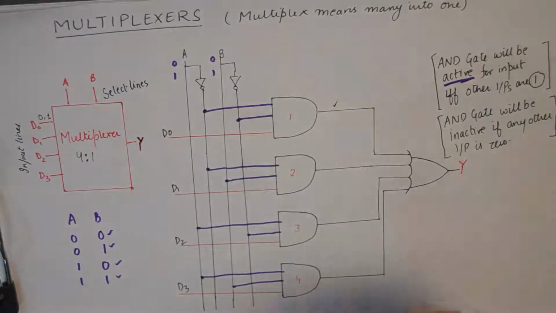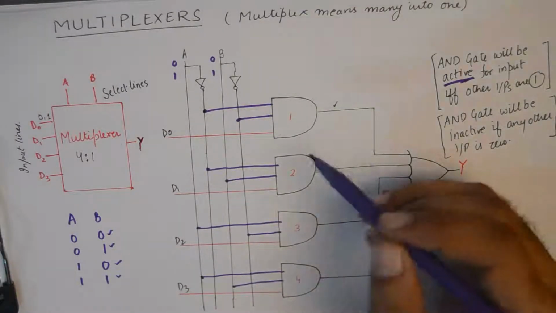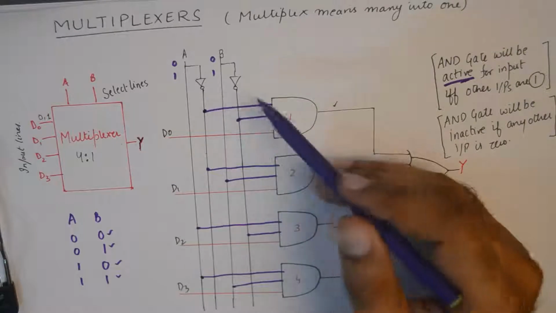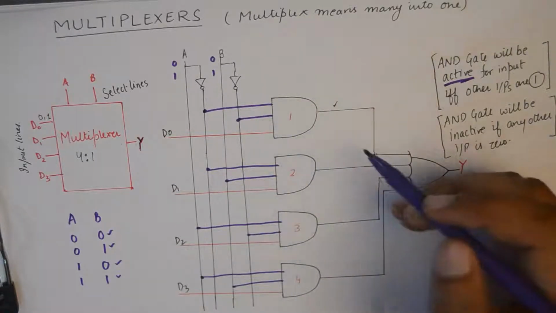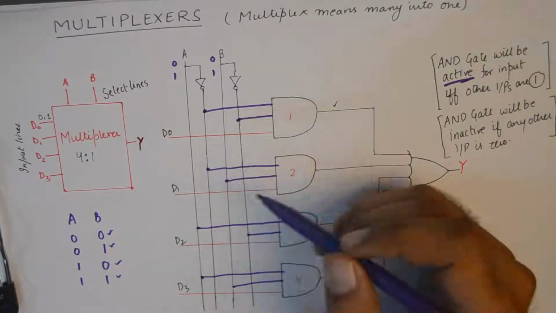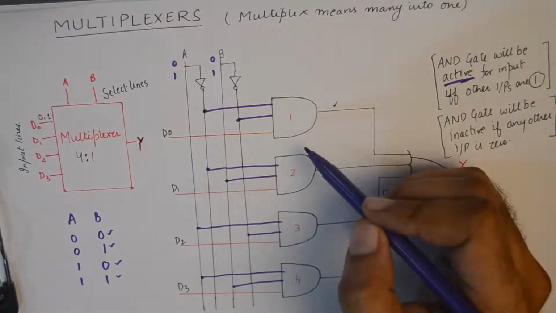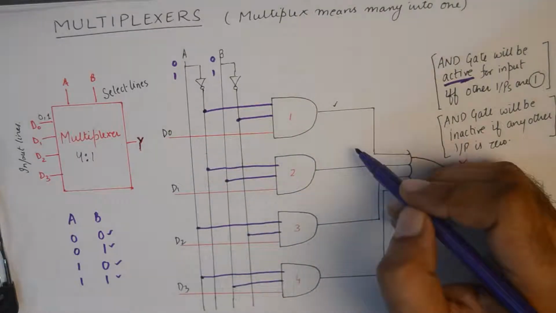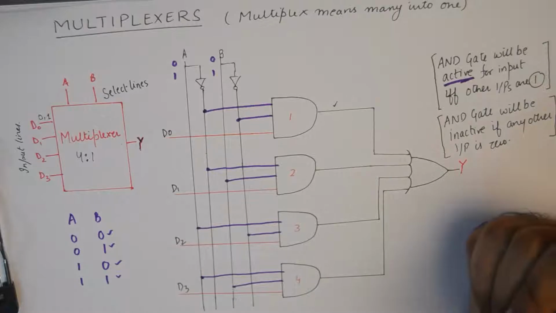So this kind of combination of inputs along with the select lines will help us forward only one input at this stage.